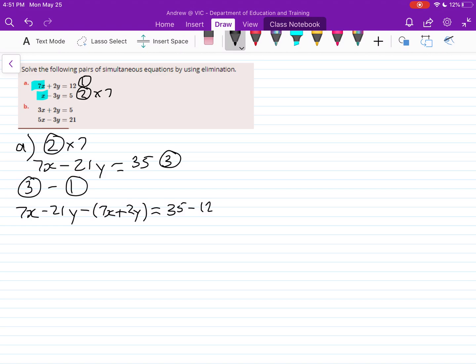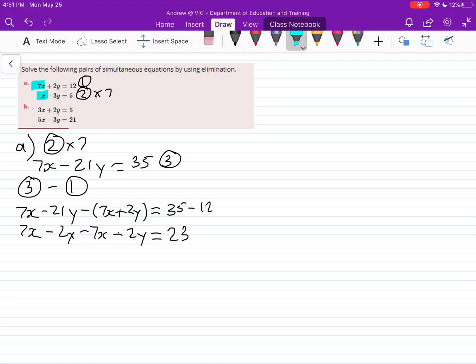Just going to expand out this bracket here: 7x minus 21y minus 7x minus 2y is equal to 35 minus 12, which is 23.